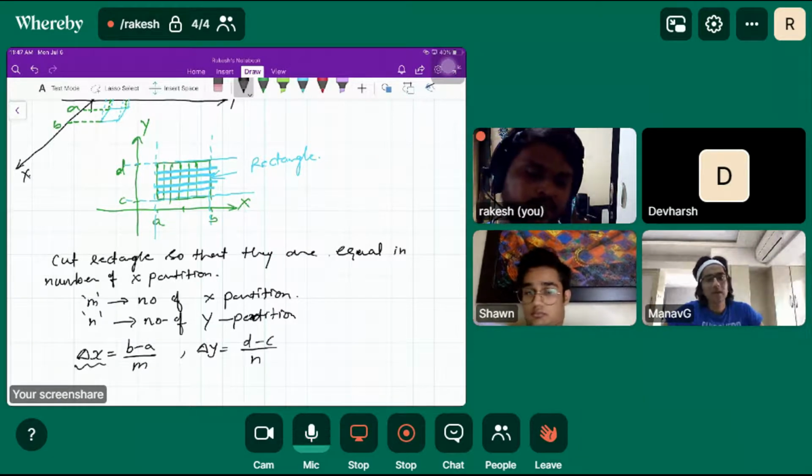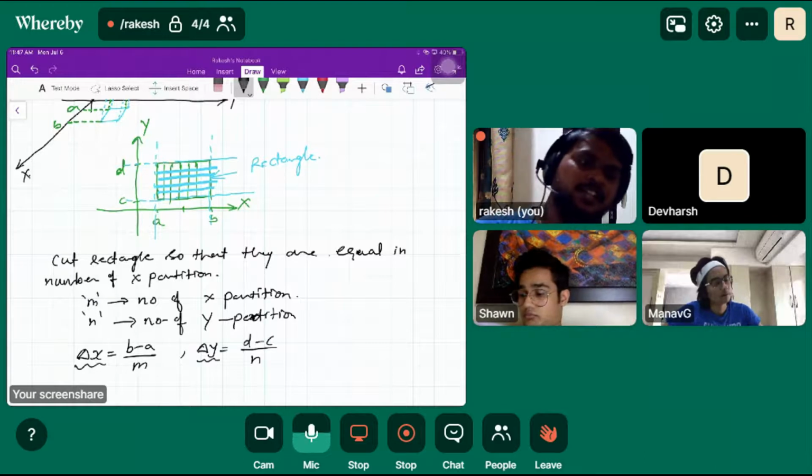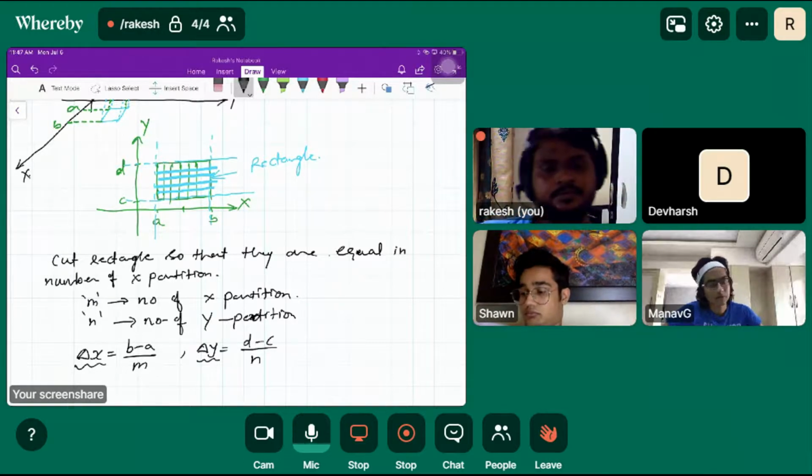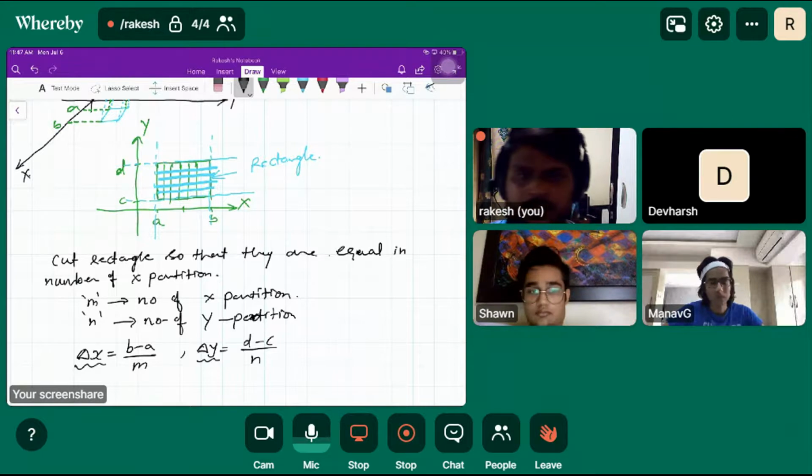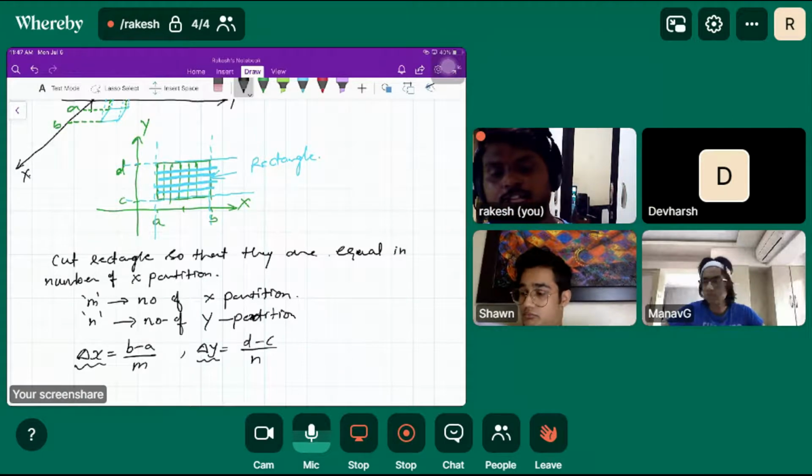These are the length and width of the rectangle, right? If width is along the x direction, then the length along the y direction would be delta y.